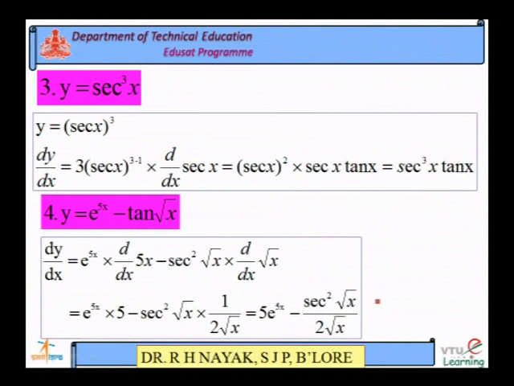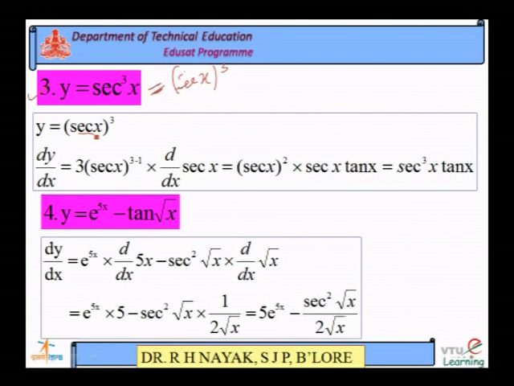Again, it is based on function to the power of n. You see the third example. What is the third example? y is equal to secant to the power of 3 x. It is taken as secant x to the power of 3, function to the power of n. What is the derivative? n into secant to the power of n minus 1 into d by dx of the function, which is secant x.